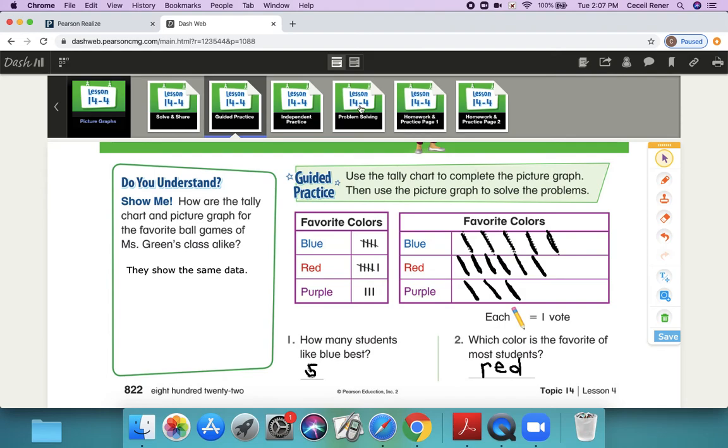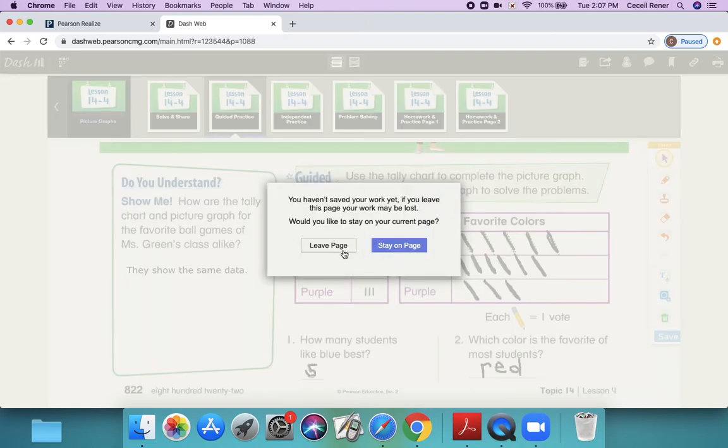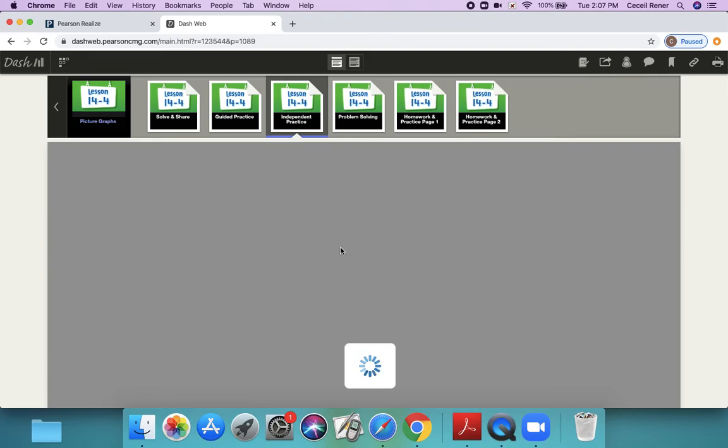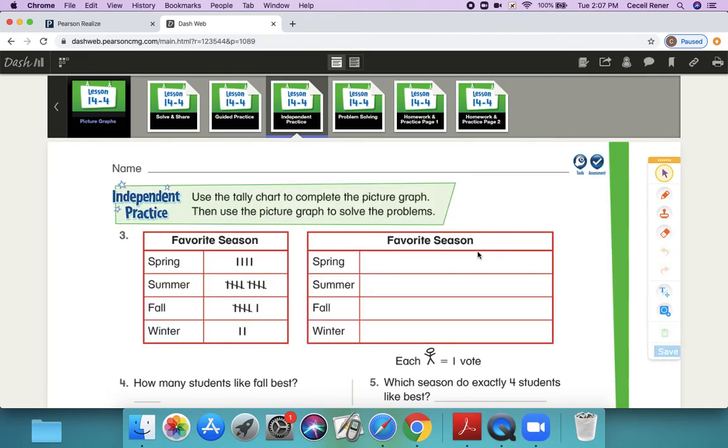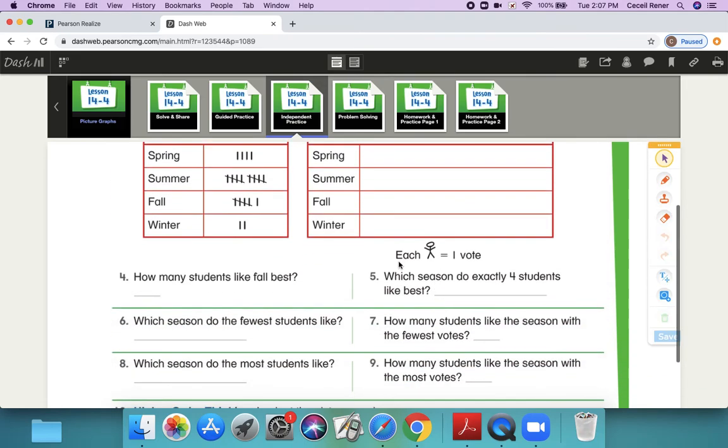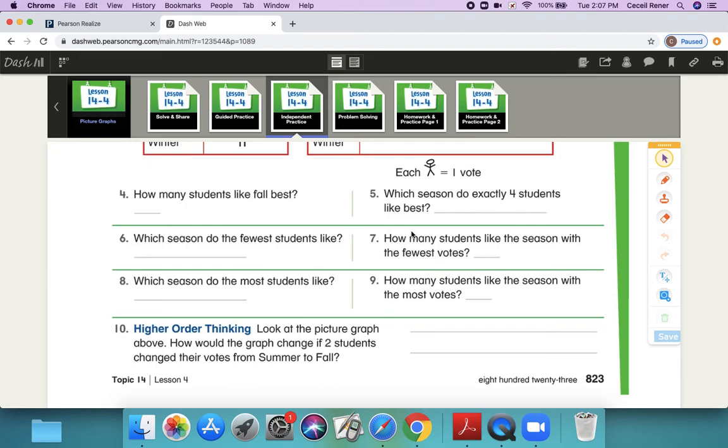Okay, now let's look at our independent practice. You're going to have to use this tally chart to make a picture chart. Look to see what you have to draw. This is what you have to draw as a person, a stick person. Okay?